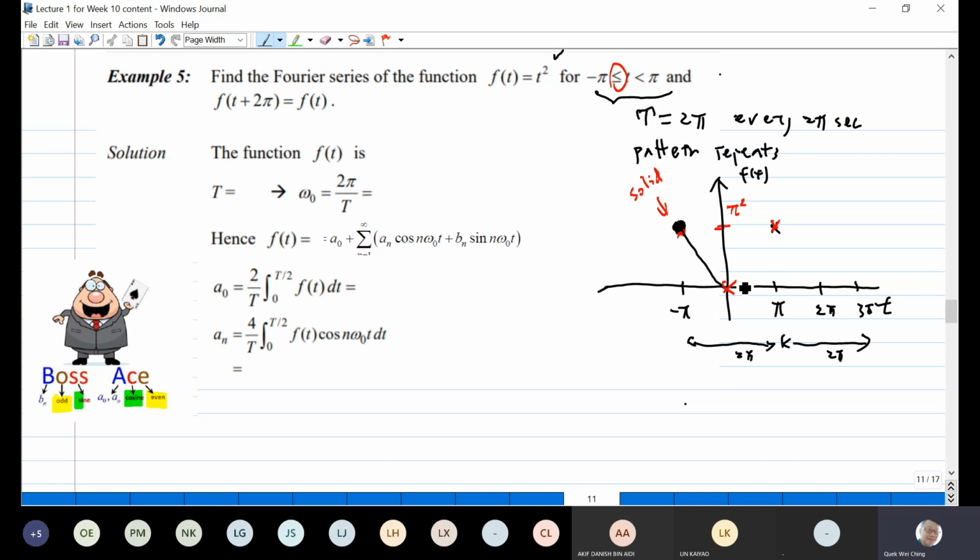Then this solid circle also moves to this side, and so this will be a solid circle now. Repeat the pattern, and you can join this pattern here, and it becomes like this. Repeat this pattern, so you get this.